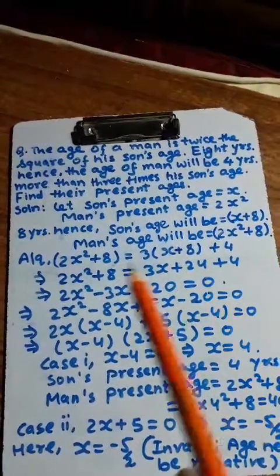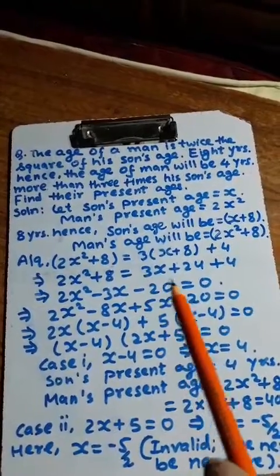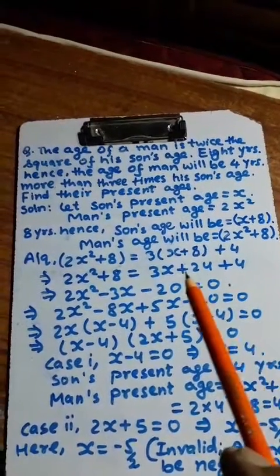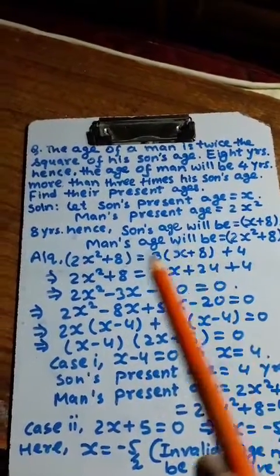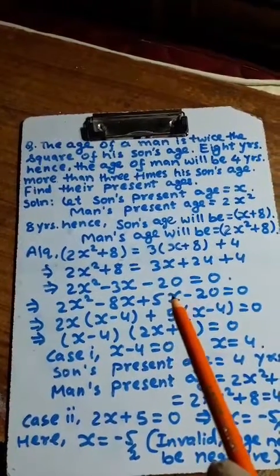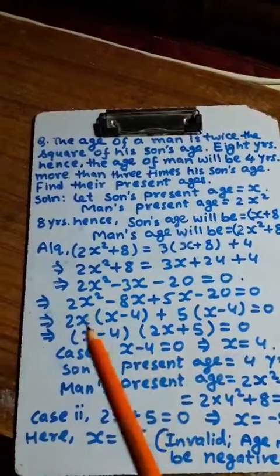So just calculate: 2x square plus 8 equal to 3x plus 24 plus 4. 24 and 4, 28. 28 will be subtracted here. 8 minus 28 becomes minus 20. The 3x will go to the other side with a minus.